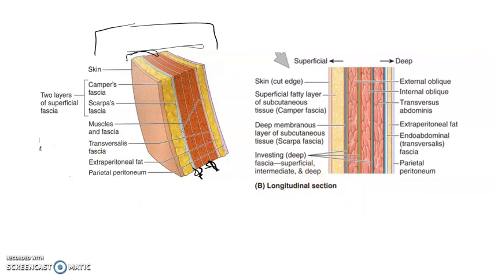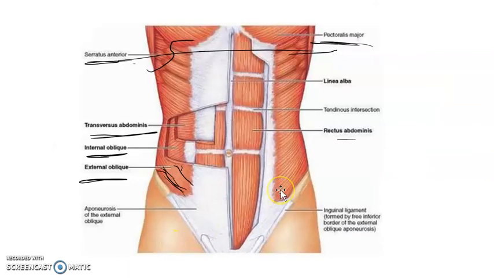So we've got the superficial separating the muscle, just underneath the Camper's fascia, and then we've got the deep and intermediate regions, which would be separating each of the muscle groups. So we have the internal oblique, which is just underneath the external oblique, and this goes in the complete opposite direction. That actually mirrors the internal intercostal muscles.